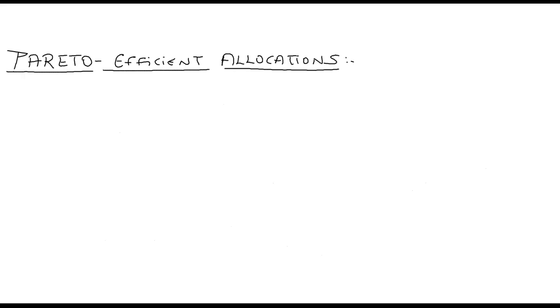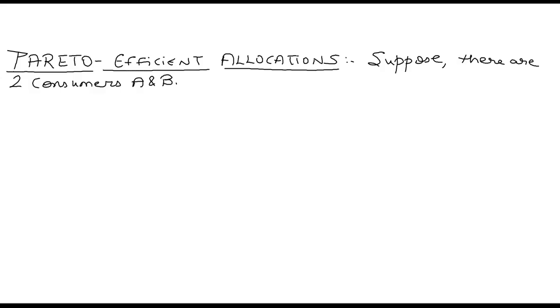Now to understand this concept, let us first take an example. Suppose there are two consumers, A and B, and suppose both these consumers have a Cobb-Douglas utility function.